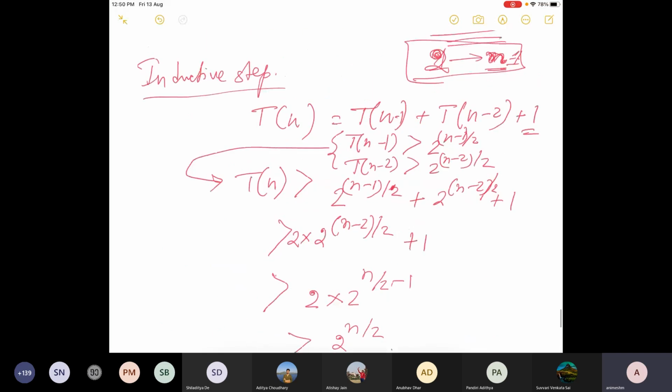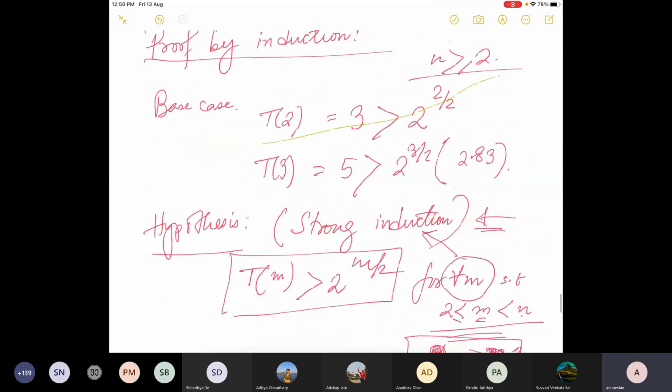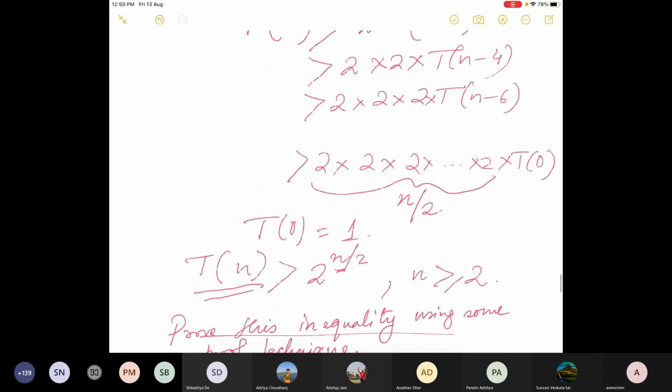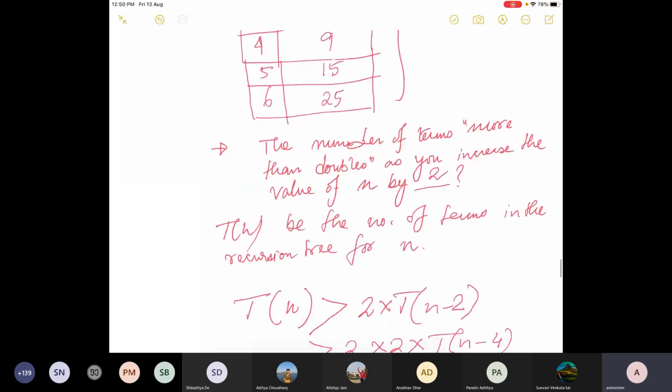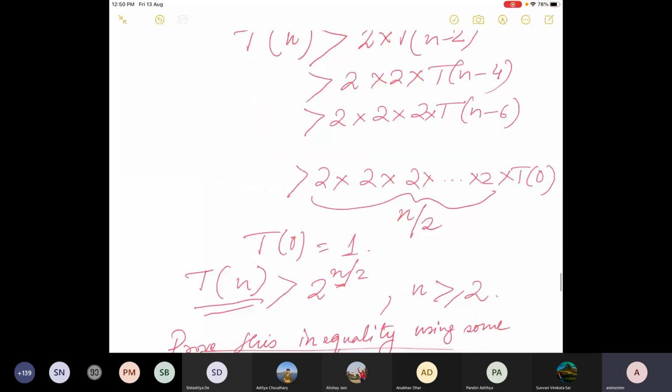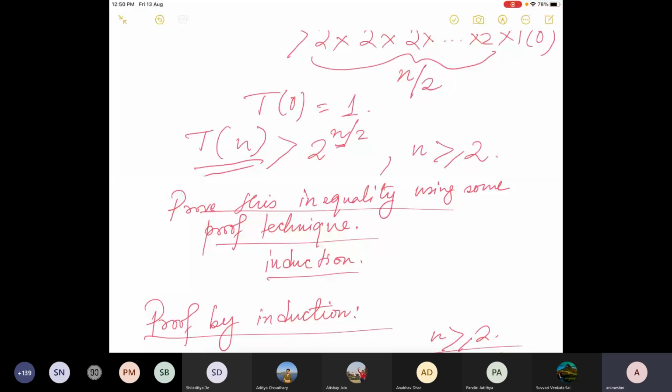No, I don't understand. What do you mean by that? If we see the T6, it is 25. And from here we will get that T6 is greater than 8. So 8 and 25 are very different. Yeah, that's true. It will not help much then. What will not help?